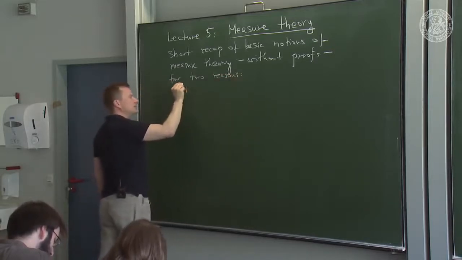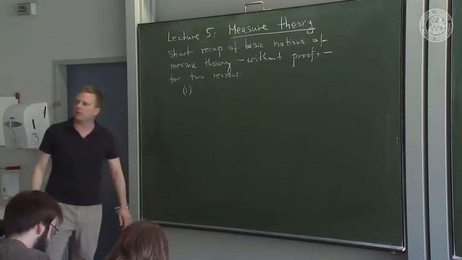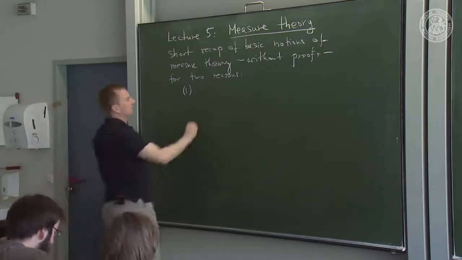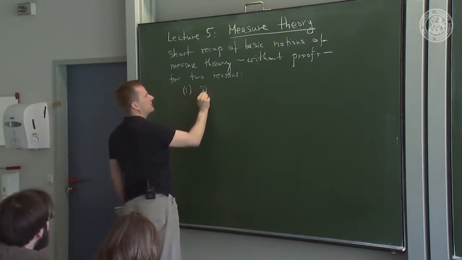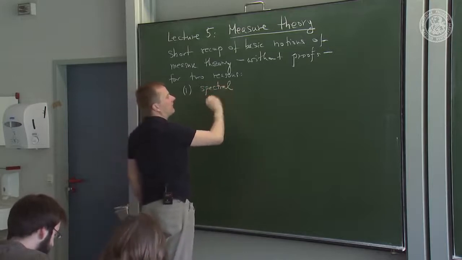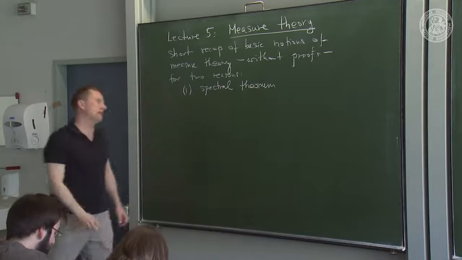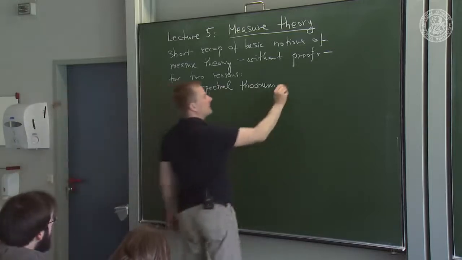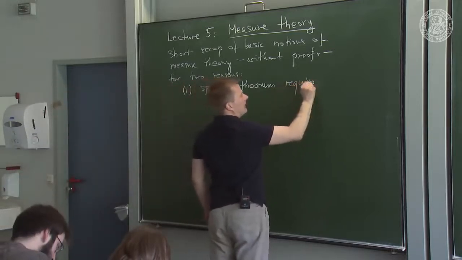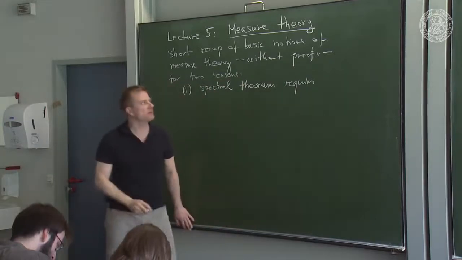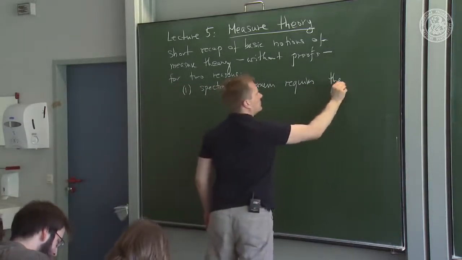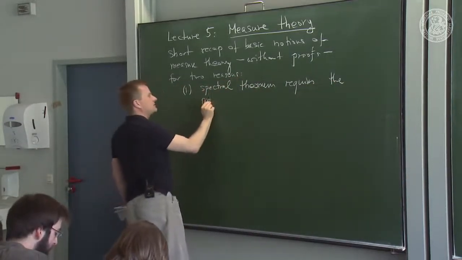The chief reason from the abstract point of view is that the spectral theorem for self-adjoint operators we're going to prove in the next few lectures requires, as we already saw from the axioms of quantum mechanics, the notion of projection-valued measures.